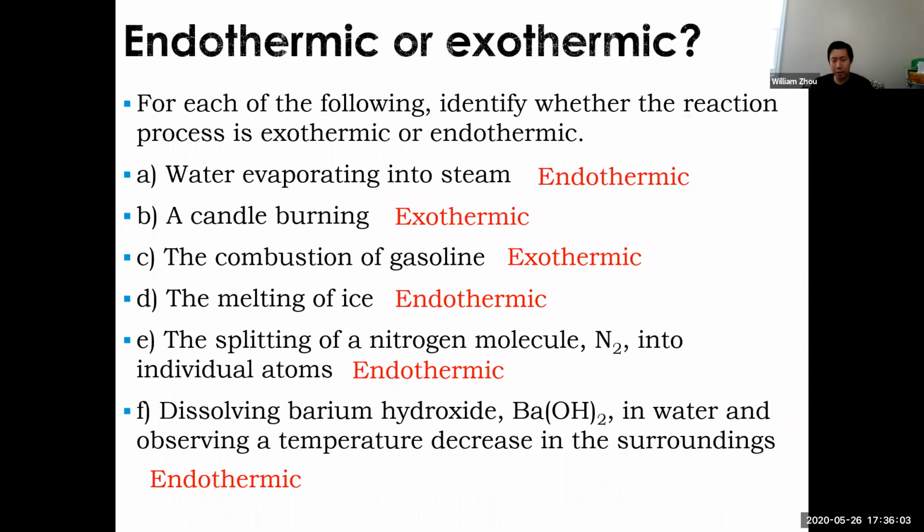Now, please make sure that you know which is which, endo versus exo, and don't misremember them. I remember I taught this to some grade 11 students at another school. They had a BC curriculum, not an Ontario curriculum, so you learn this in grade 11. And I gave them a quiz. It was pretty simple.